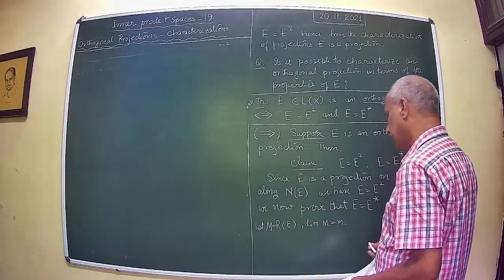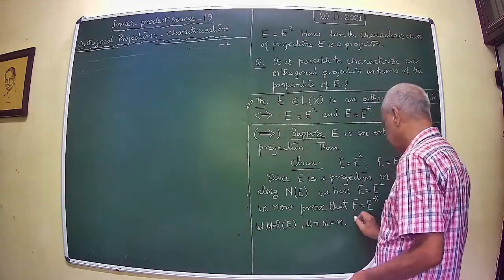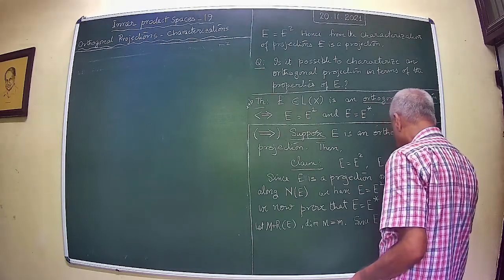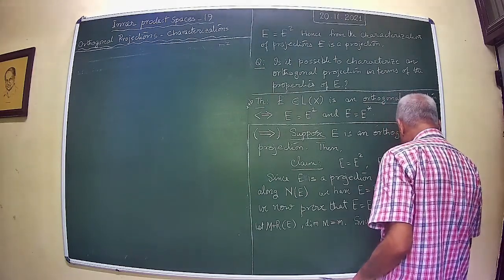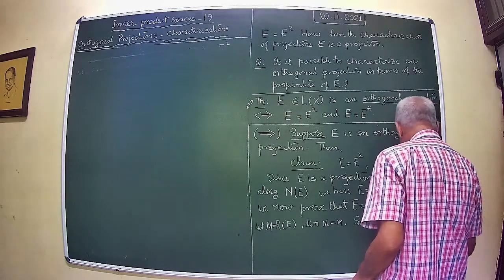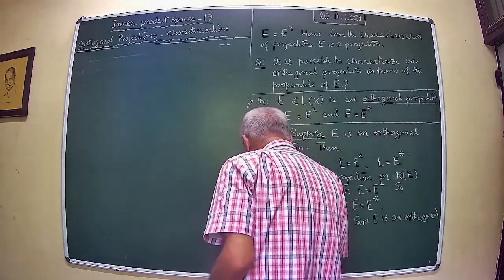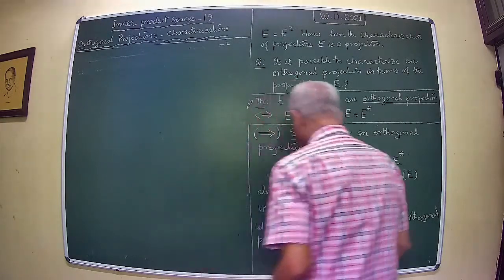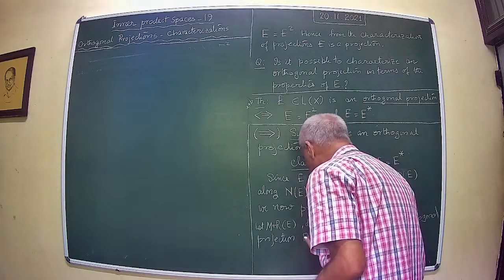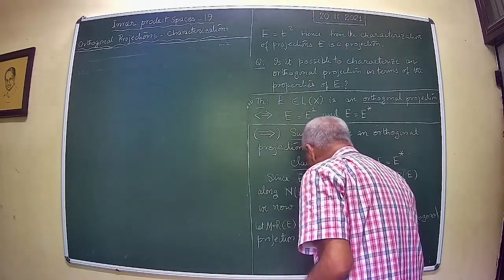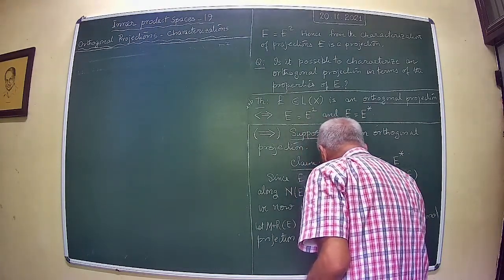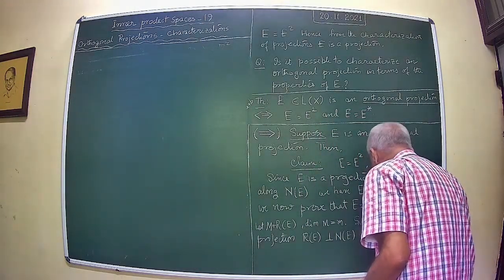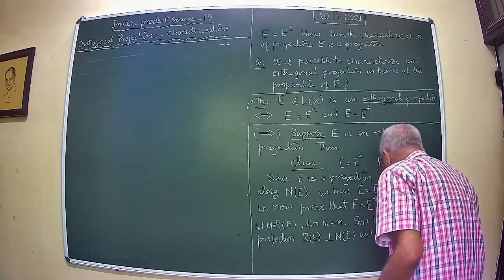So what we have is that since E is a projection, the range of E is orthogonal to the null space of E, and x is equal to the sum of the two.